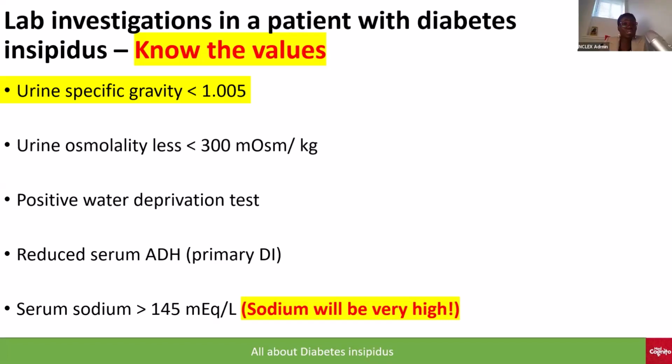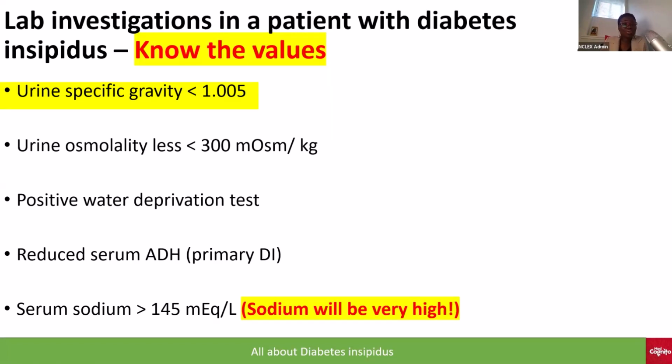When you have urine that is so dilute, the specific gravity will be very low. So know this value being less than 1.005. With diabetes insipidus, the specific gravity of the urine will be very low because the client is producing too much urine, so it's just too dilute.